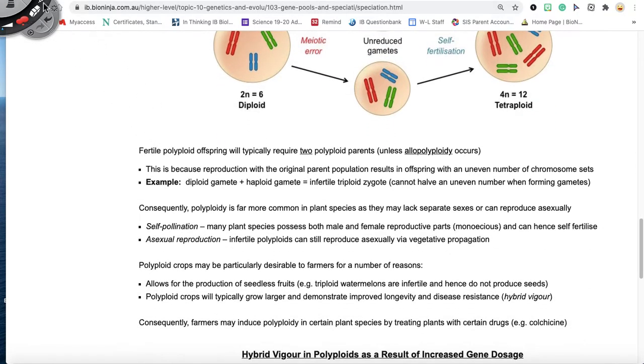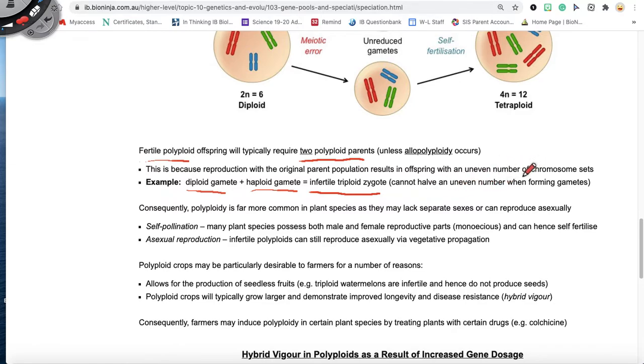Now, a fertile polyploid will typically require 2 polyploid parents. We just saw this here, right? A 2N plus a 2N giving you a tetraploid. But there could be some forms of allopolyploidy. This is when you have perhaps a diploid gamete and a haploid gamete. Then you're going to end up with an uneven number of chromosomes here, so you're going to end up with an infertile triploid zygote.